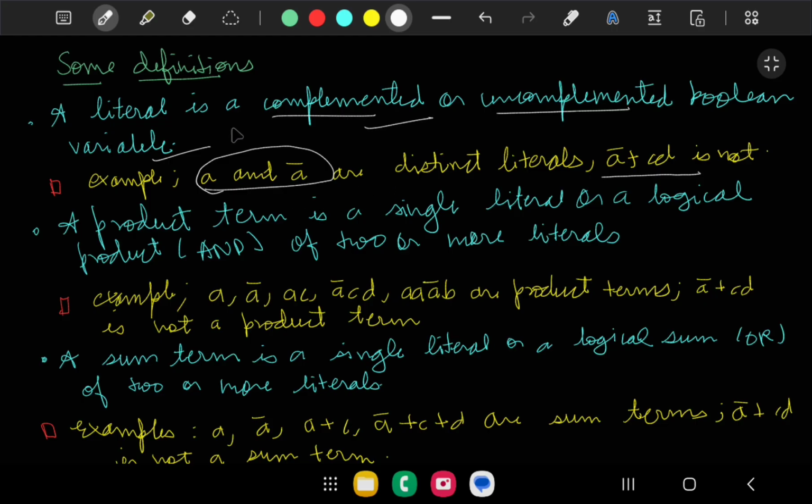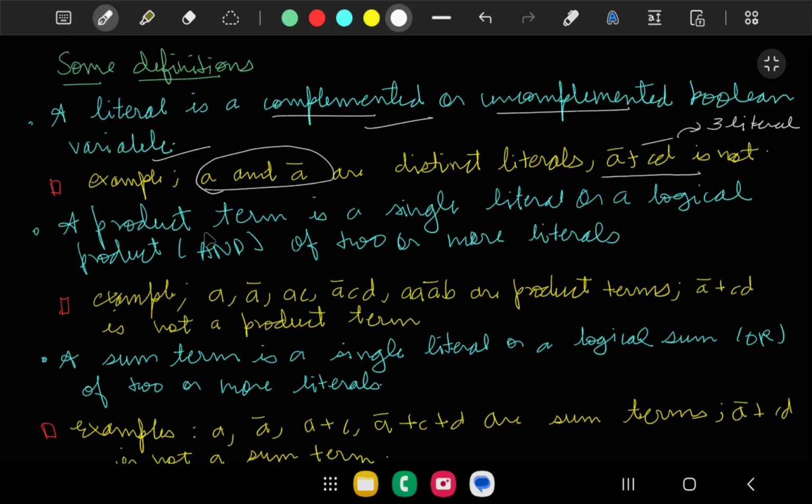See, this is the definition of literal. Complemented or uncomplemented Boolean variable. This is not a Boolean variable. Okay? This is not a literal. In this you have three literals. But this is not a literal. Right?